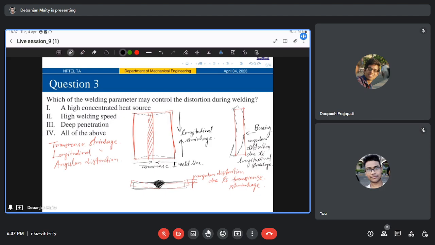And the amount of transverse shrinkage is affected by the size of the weld, whatever the width and volume, those can affect your final shrinkage. And so the process, heat input and joint configuration, thermophysical properties, all those things matter.